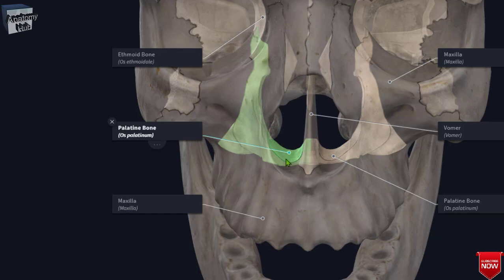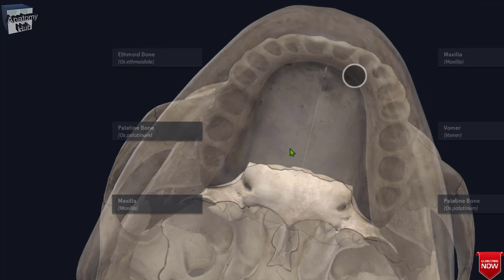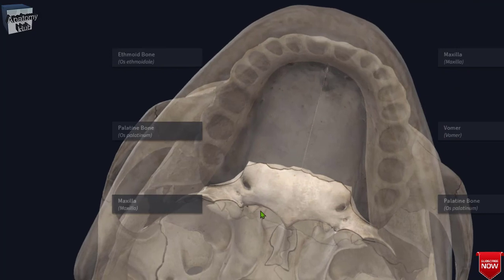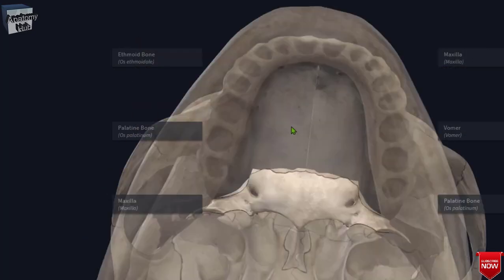You know about the hard palate and soft palate. The hard palate is formed by the palatine process of the maxilla, and here you can see this is your hard palate. So this hard palate is formed by the palatine process of the maxilla and the palatine bone.